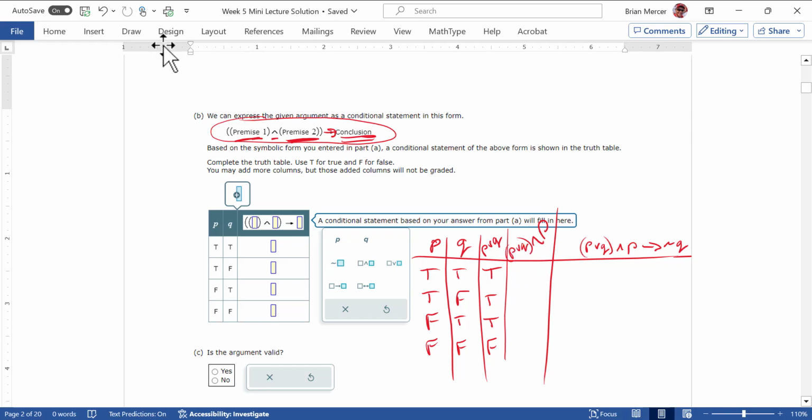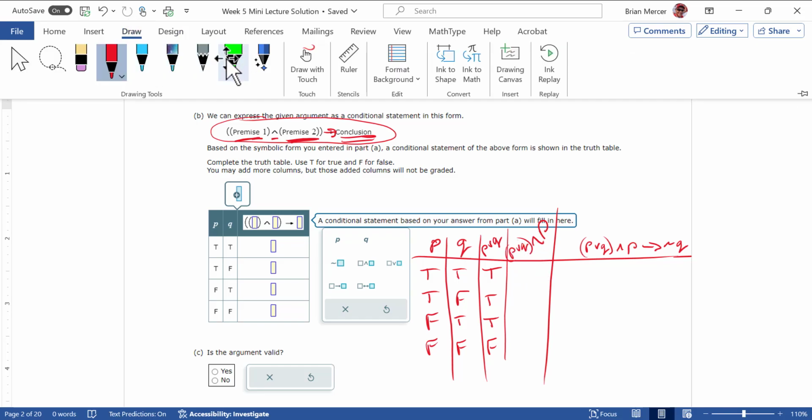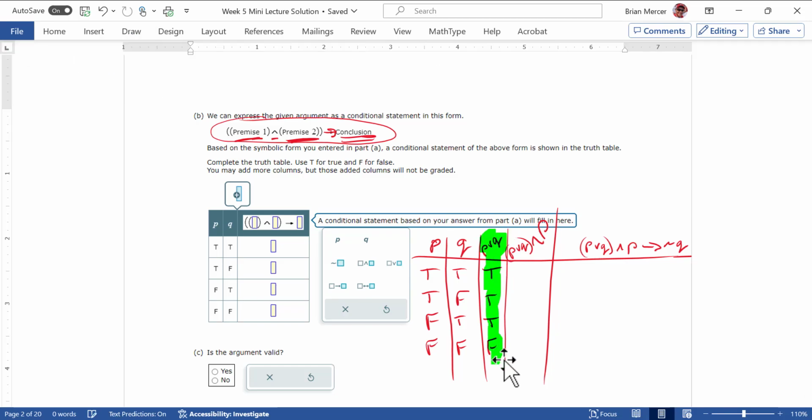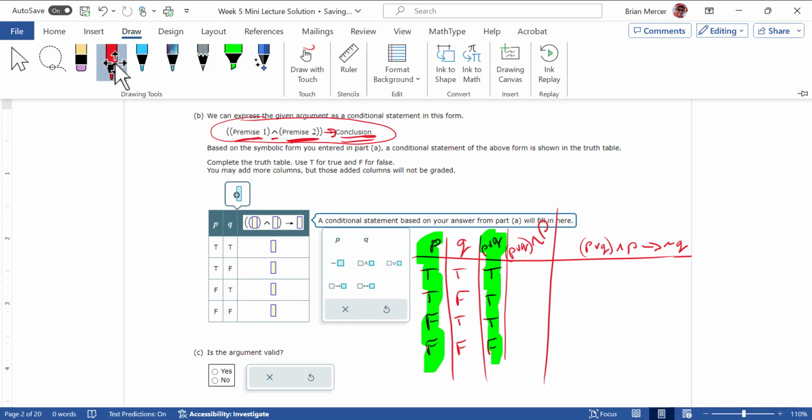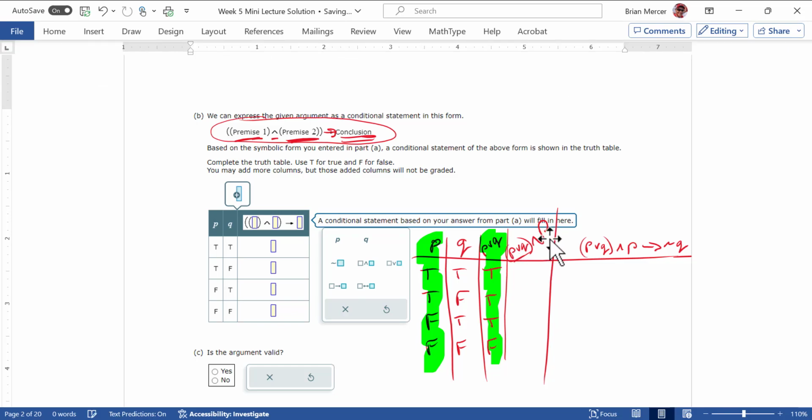So now I'm looking at these two columns right here, and I'll get out the highlighter. I'm looking at, there's the first thing I'm looking at, P or Q and P. So then we just remember that the conjunction of two statements, so in this case it's P or Q and P, is true only when they're both true.